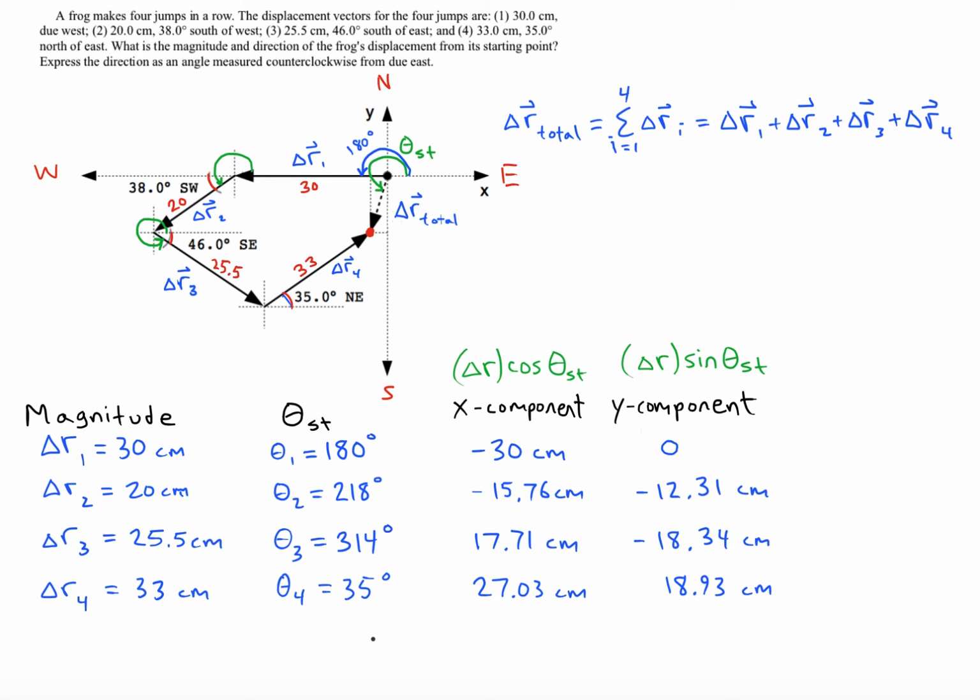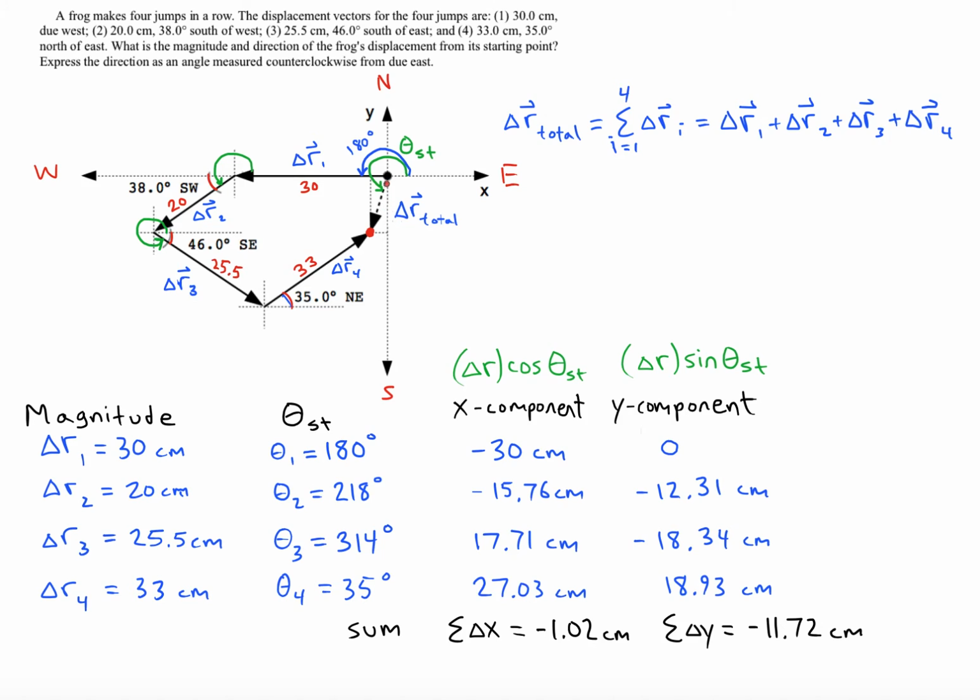All right, now what we'd like to do is find the sum of these components. So our sum of delta x will be negative 1.02 centimeters. And then our sum of delta y is negative 11.72.